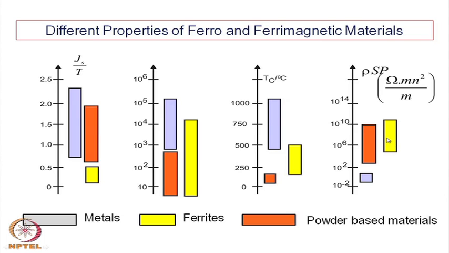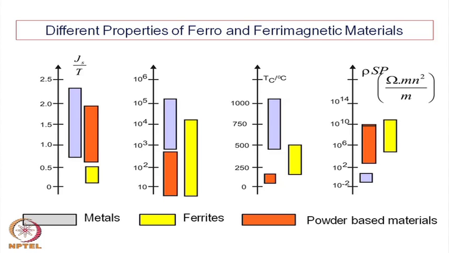This is ferrites. Ferrites have a relatively higher resistance even compared to the powders, whereas metals have much lower resistance, and that causes some problems in some applications, particularly transformer applications.